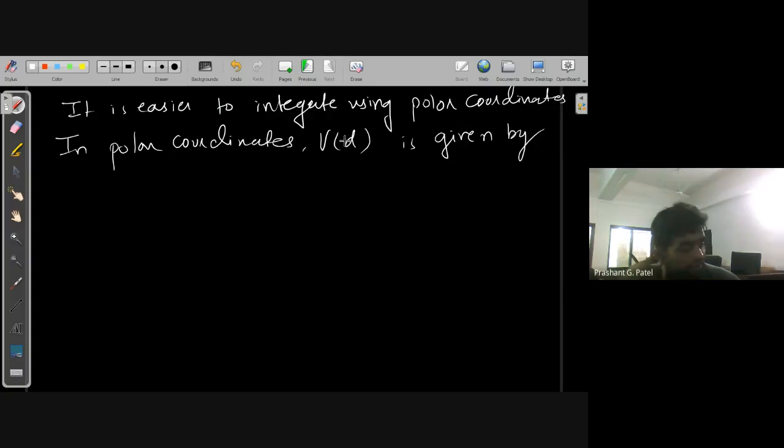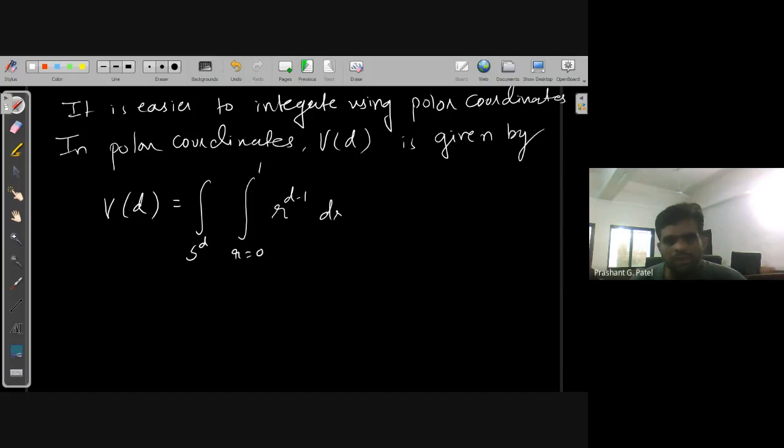As we have discussed, it is the surface area times certain things: the integral over Sd, with r running from 0 to 1, of r to the power d minus 1 dr d omega, where omega and r are independent variables and do not interact with each other.